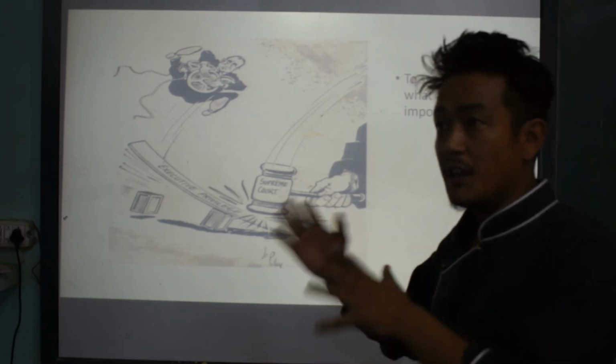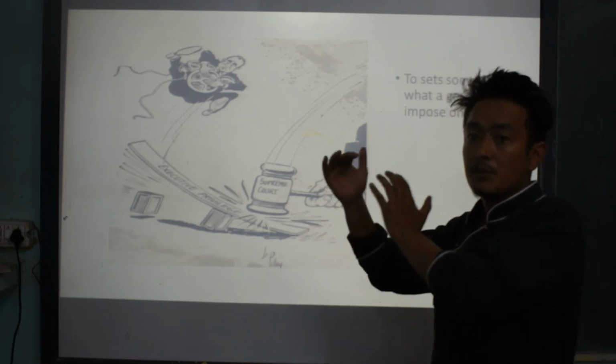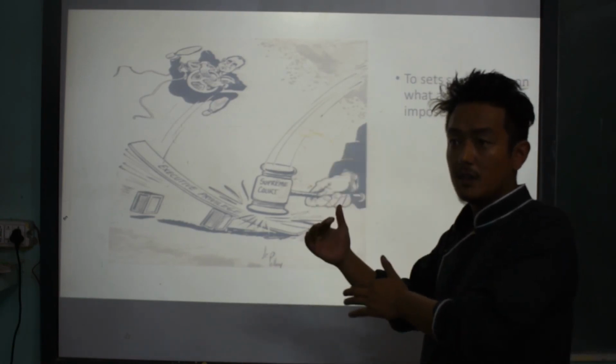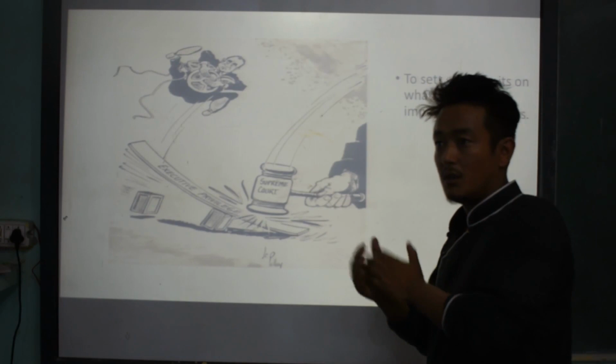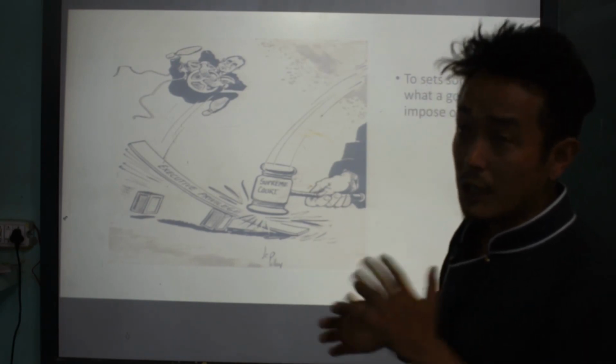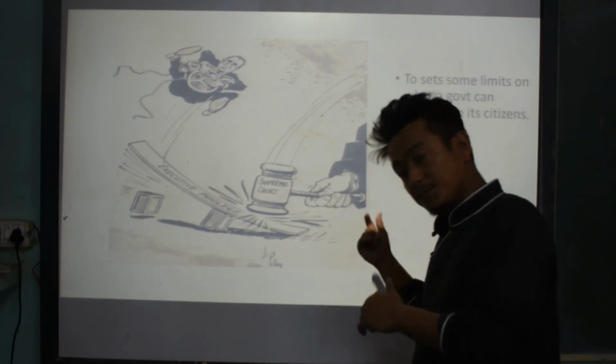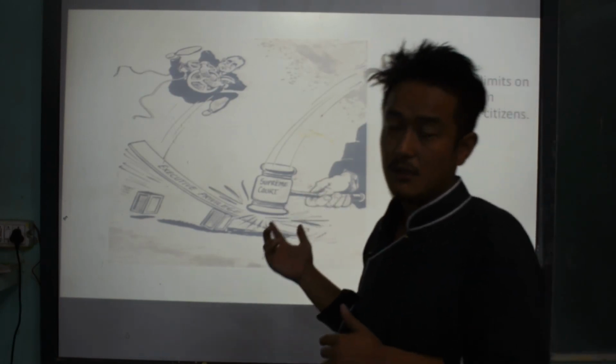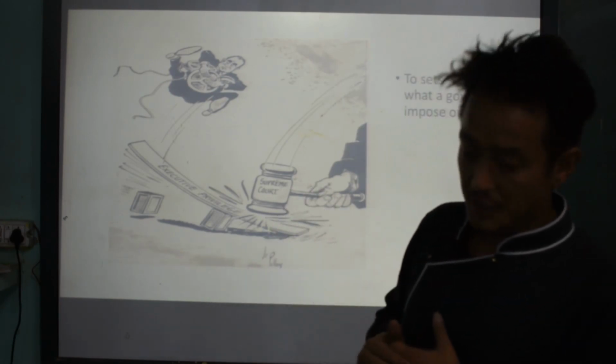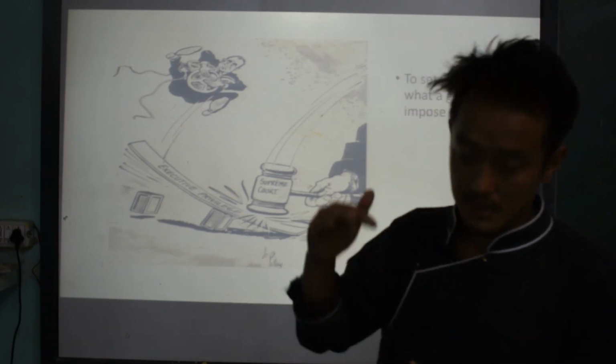Okay, so in a way, it is putting some limits on the government. While you are running a government, you are not allowed to violate those rights. All right. So, in short, it is putting certain limits on the government.